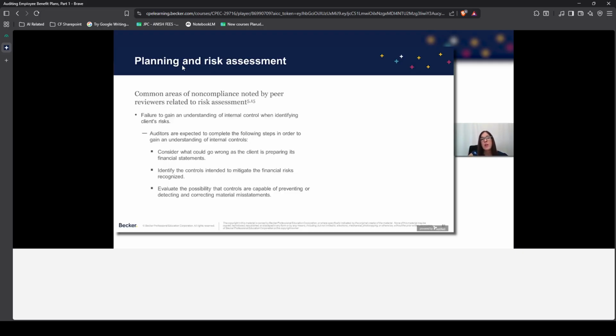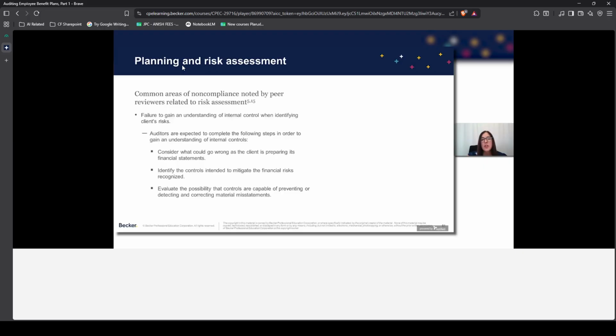If you fail to document your understanding of internal control, that's going to result in a finding by a peer reviewer. It may result in that engagement being deemed as non-compliant, which could then result in either an MFC or even a failed peer review. So you have to document that understanding of internal control.